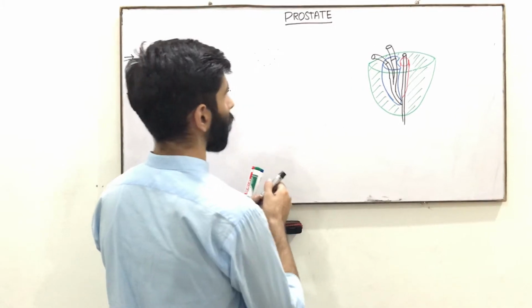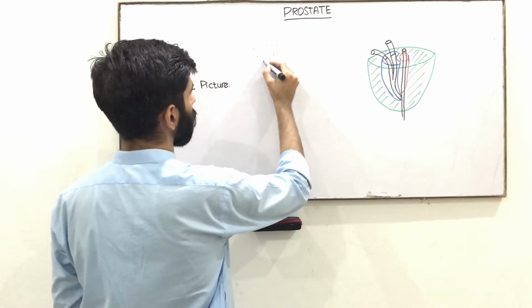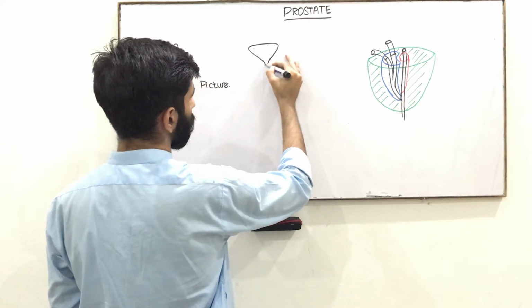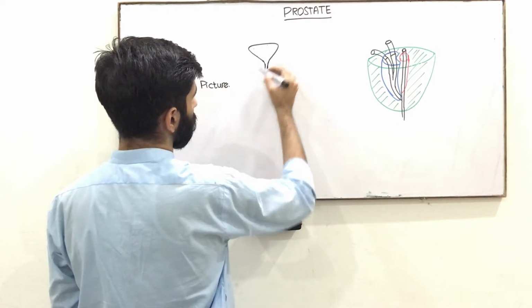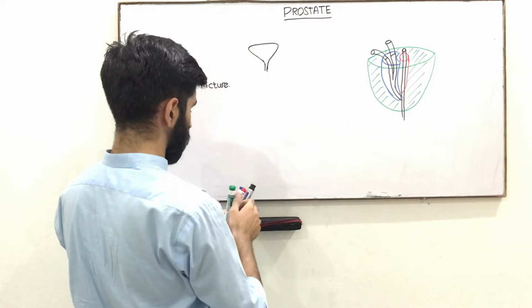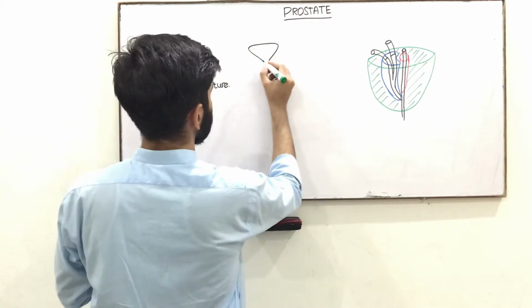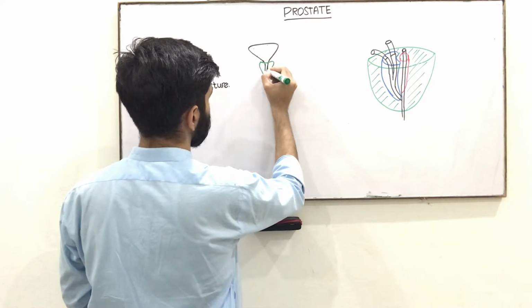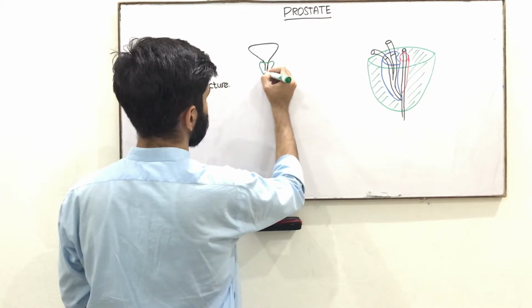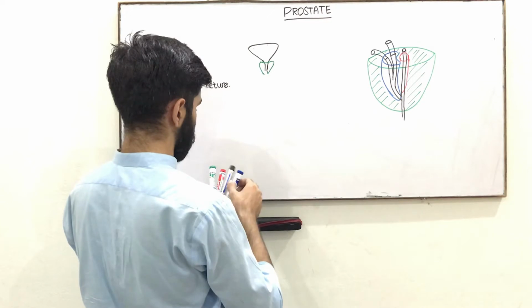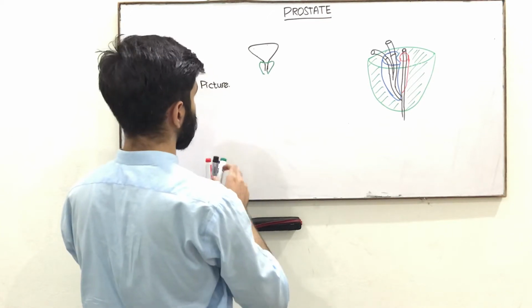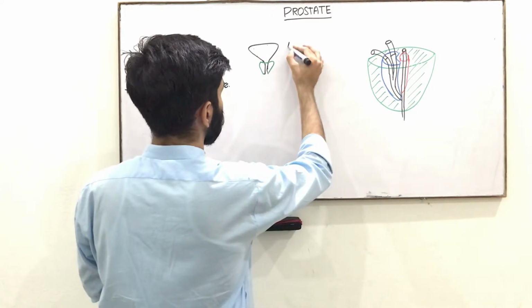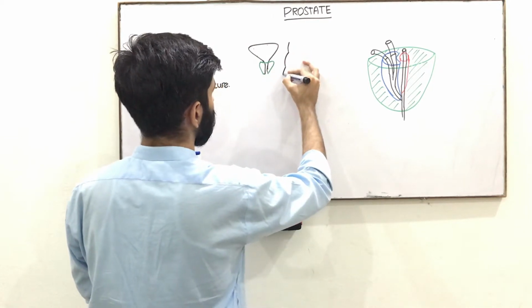A prostate gland is almost equal to the size of a walnut, and it is located below the bladder, in front of the rectum.